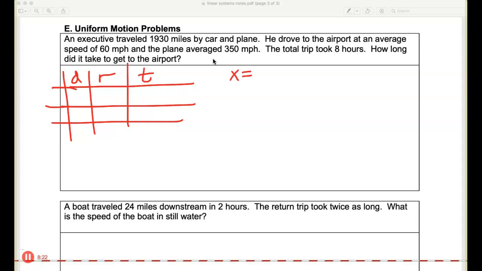How long did it take to get to the airport? So time in car, and then time in plane.